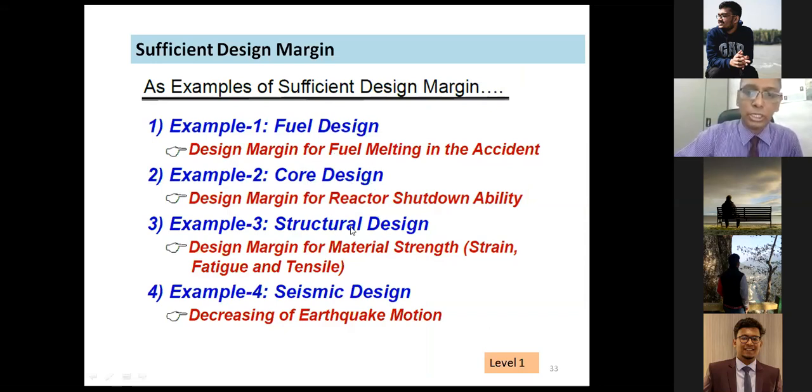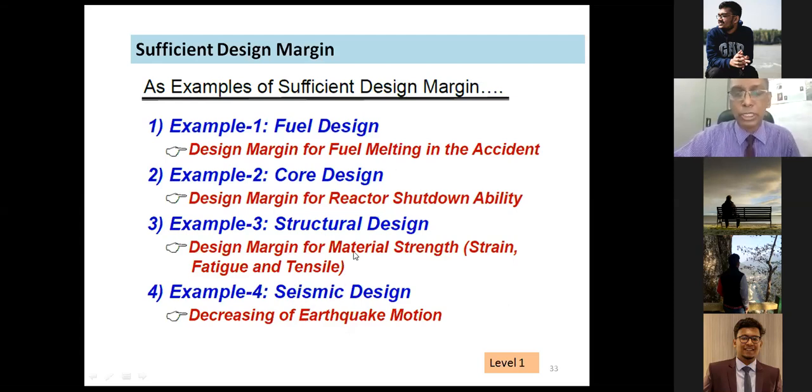Similarly, the reactor core, you have to design in such a way that it has some ability to sustain the temperature. Then structural design, where definitely you have to keep in mind the material properties: strain, fatigue, tensile, and also the shielding material for absorbing the radioactivity. And finally, the seismic design.